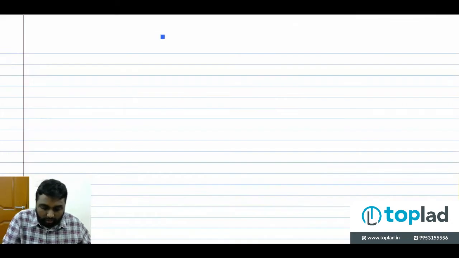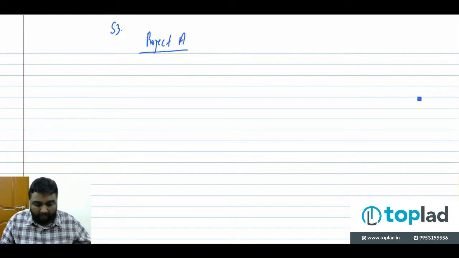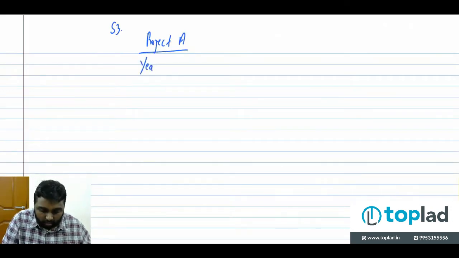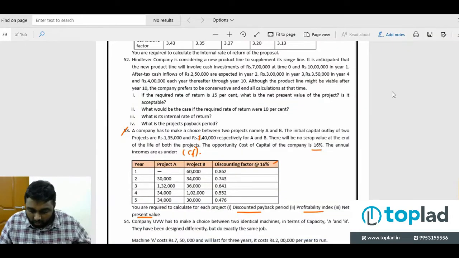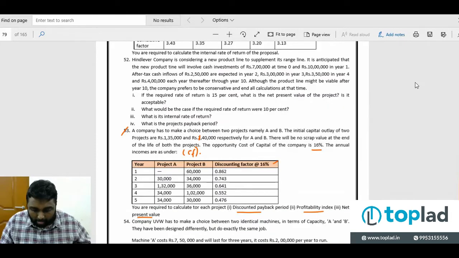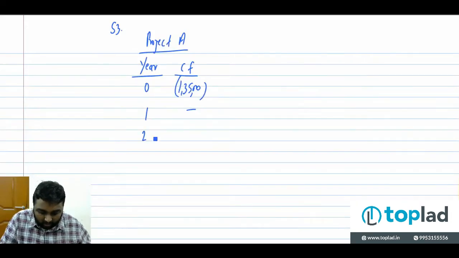So question number 53. First we will do for project A. So how will it come for project A? Year 0 cash flow. What is the outflow we have to make? 1,35,000 outflow. First year nothing is there. Second year 30,000.